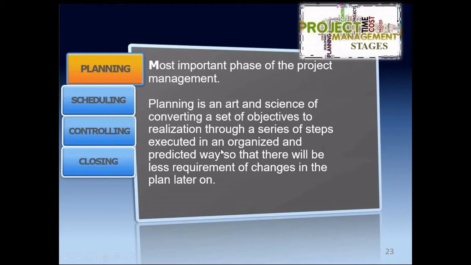Whatever thing is there in the mind has to come into existence through a series of steps executed in an organized and predictive way, so that there will be fewer requirements of changes in the plan later on. So planning should be done in such a way that the objectives are very proper to make the thing a reality.